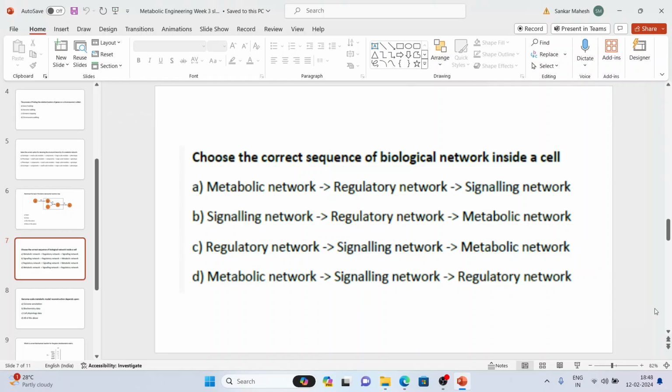Both of these need signals. Either the presence or the absence of the metabolite acts as the signal. The signaling network is linked to the regulatory network, which determines whether gene expression, that is gene upregulation or gene downregulation, should happen.